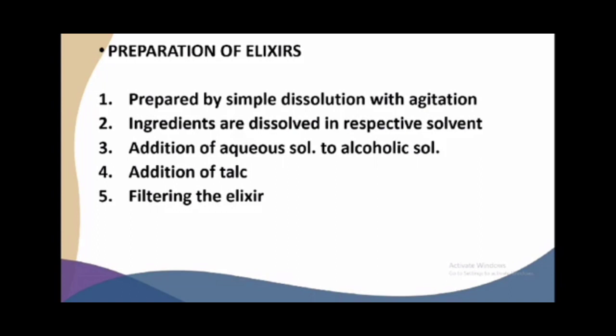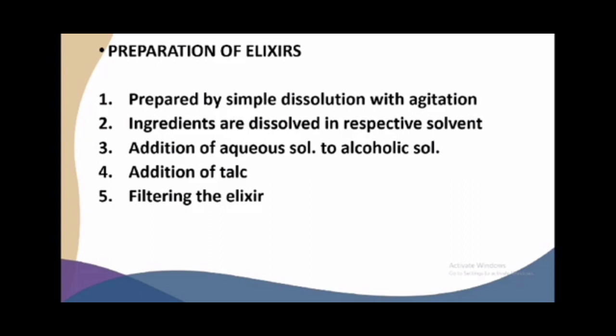First and foremost, elixirs are often prepared by simple dissolution with agitation, meaning it involves dissolving of solute to the solvents. The second process would be the ingredients are being dissolved in their respective solvents.